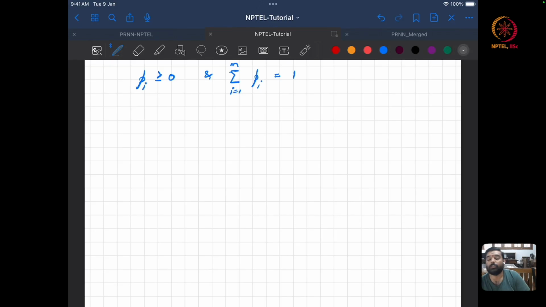Okay, so now what do we do? We transform this into one hot representation. Now, why do we need to transform this? All those things have been discussed. Now we look at this transform as a function of the random variable. Okay.